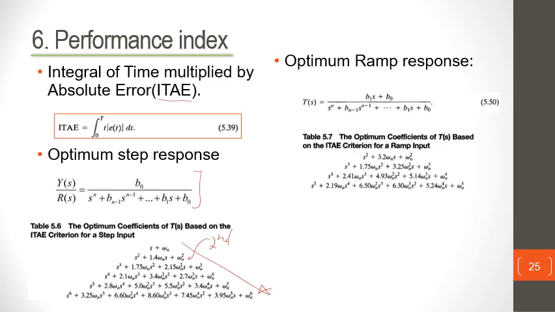This is that particular second order system, and that second order system will have the following parameters, which is 1.4 here in the middle. Even in the case of a ramp response for a closed loop transfer function of this form, you can see that a table can be constructed of all of the optimal coefficients for that particular structure of a function.